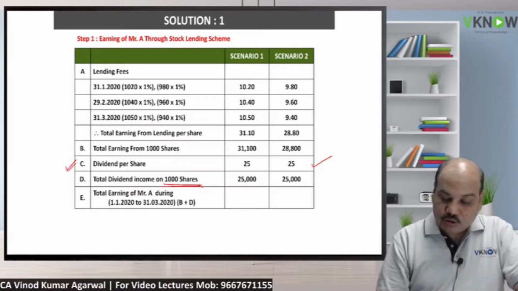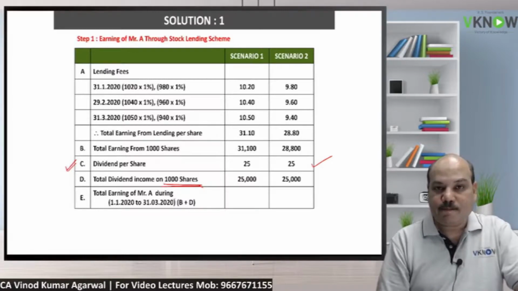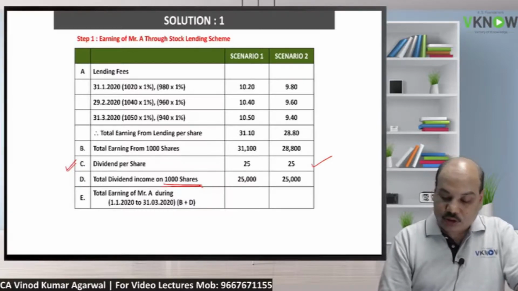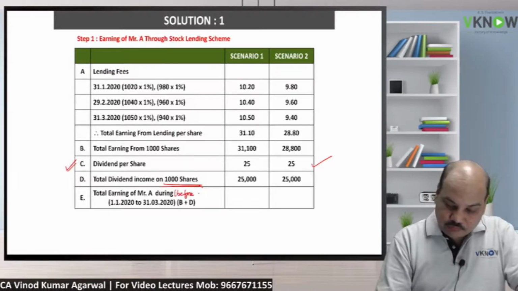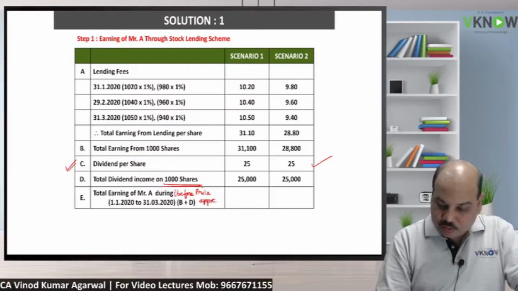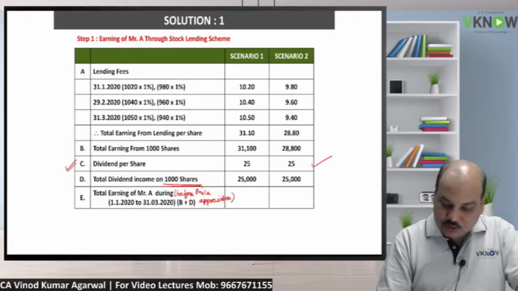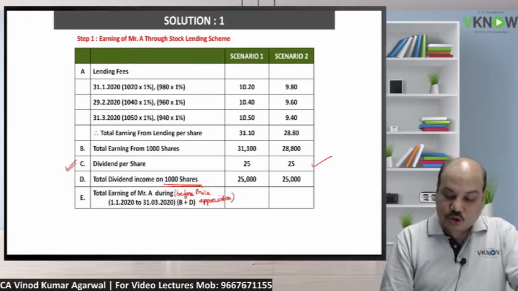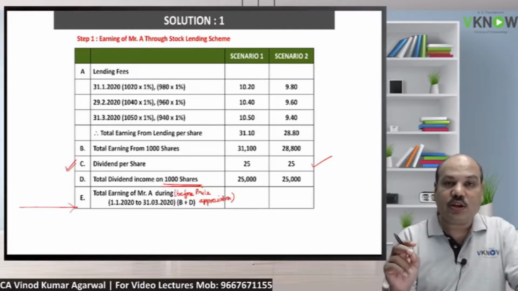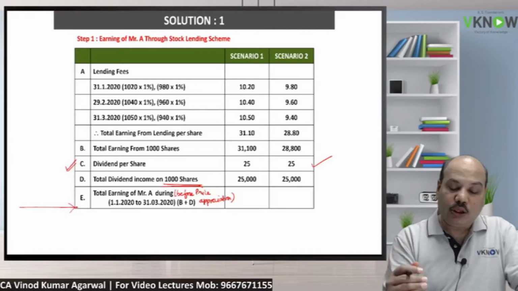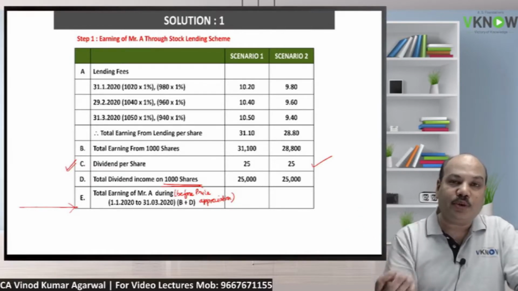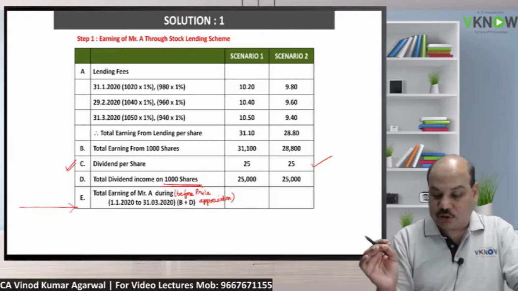So my total earning of Mr. A, write down total earning of Mr. A before price appreciation, because the institute has not considered the price appreciation, but we need to consider that also to get total earning. If you are holder of a share, your earning will also include any appreciation in the value of the share.